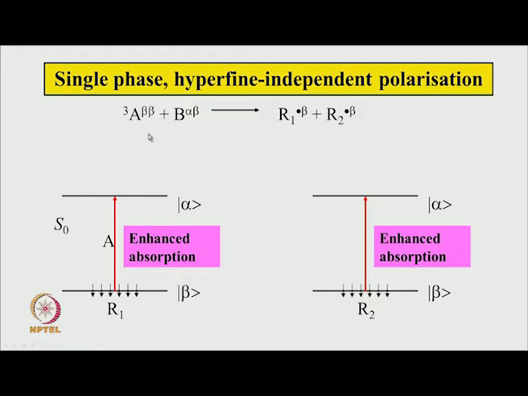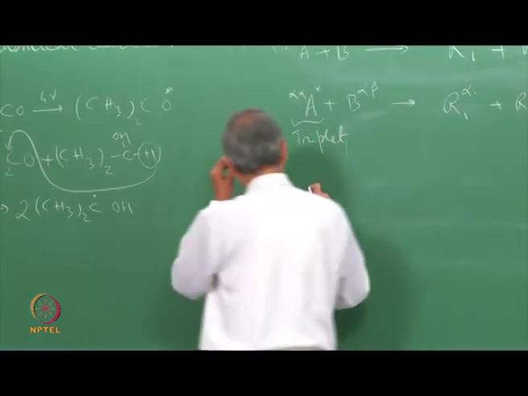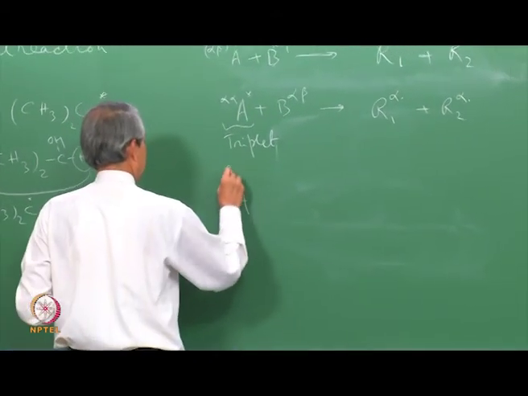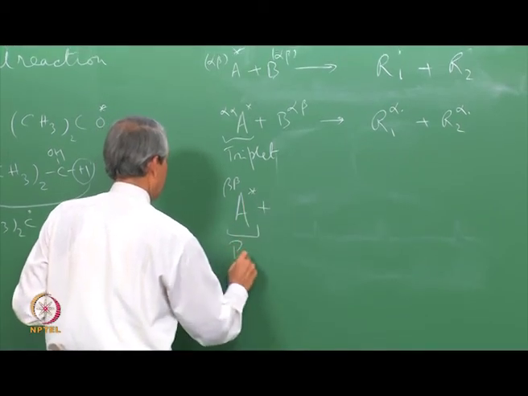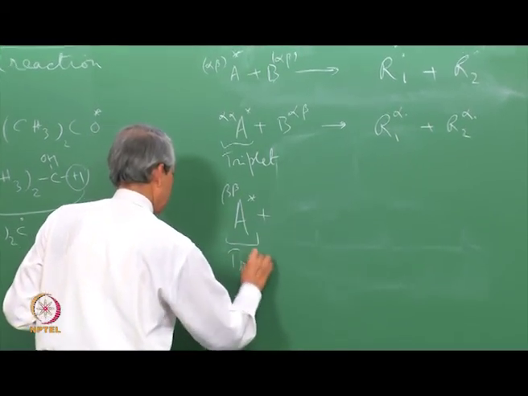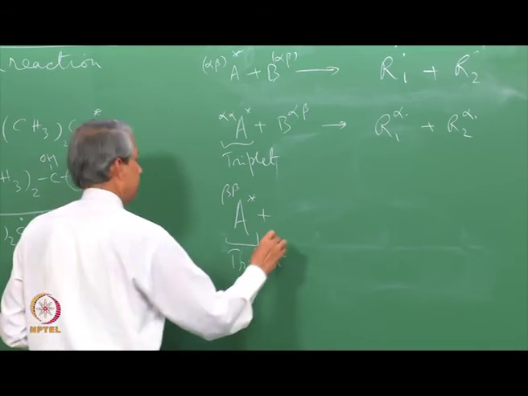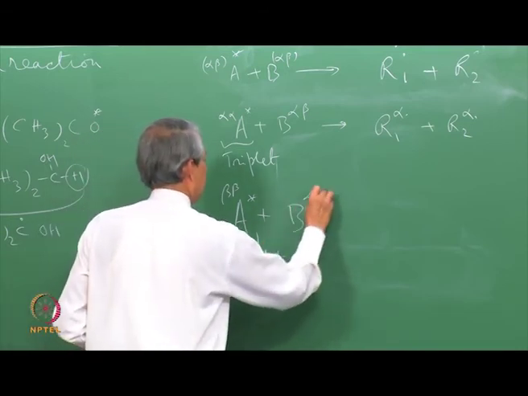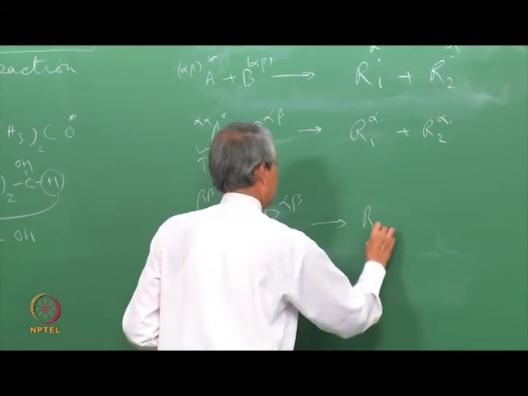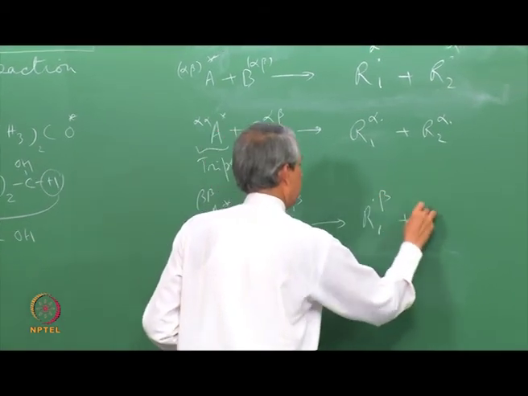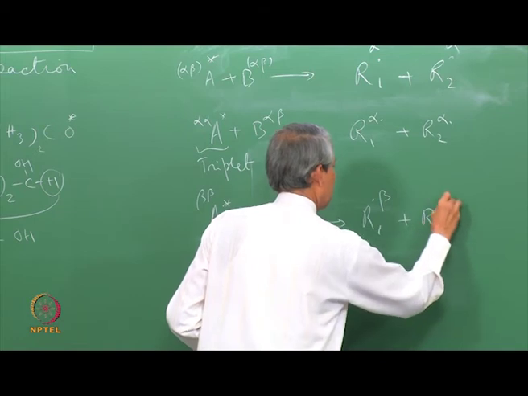Similarly, if the triplet beta beta excited state reacts, this is the triplet also, I will get a radical 1 which will have beta spin state, and radical 2 will also have beta spin state.